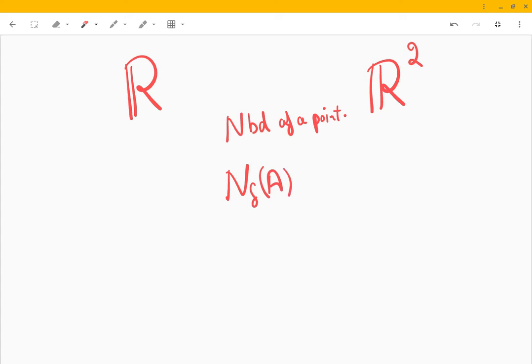Yeah, so let's try and understand what this is first for the real line. Okay, so this is our real line, and this is a point A on it, right?